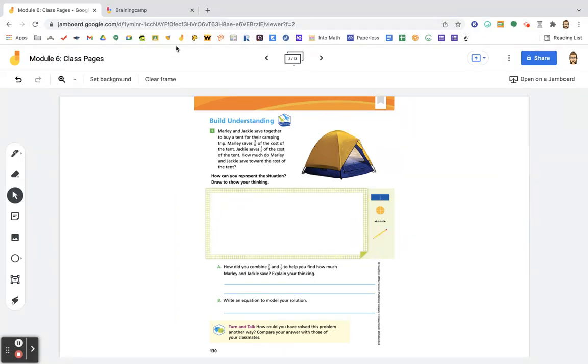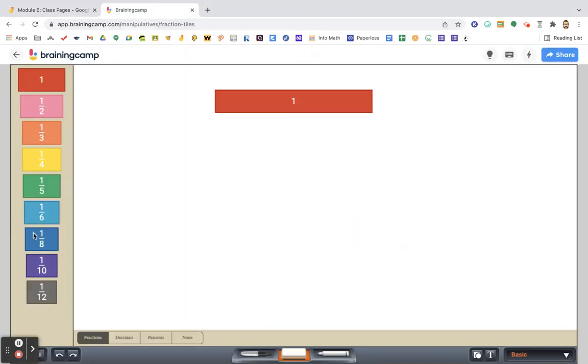We have 3/8 and 1/2. So we are going to go 3/8, and we're going to have the 1/2. So we want to know all together what they have.